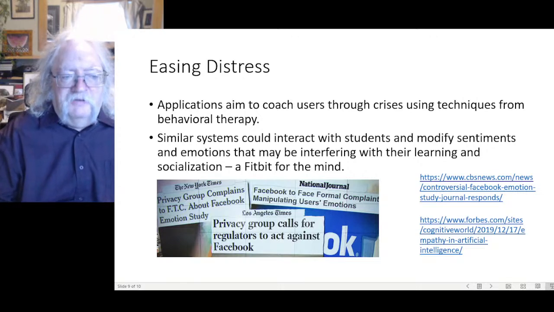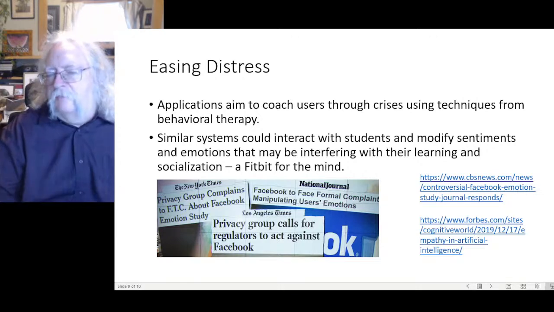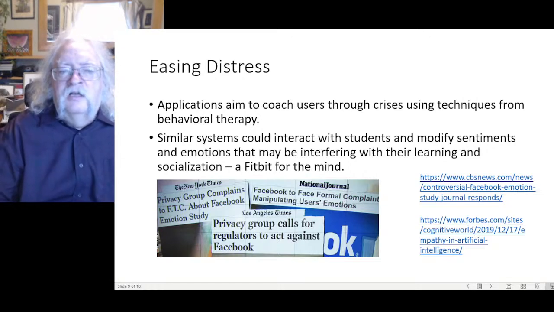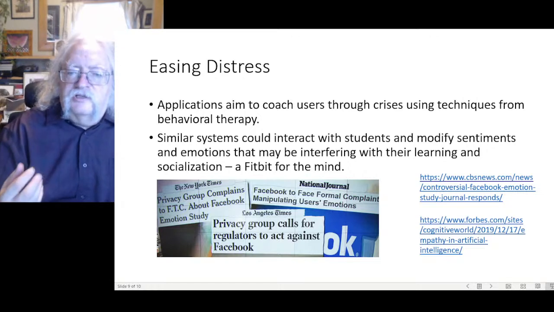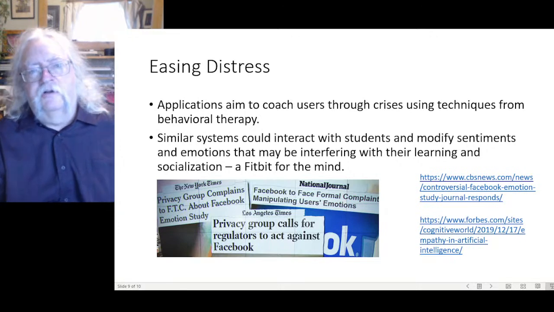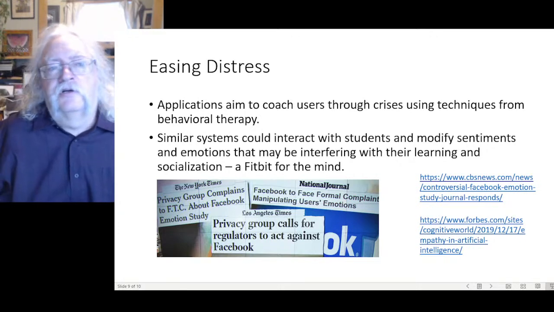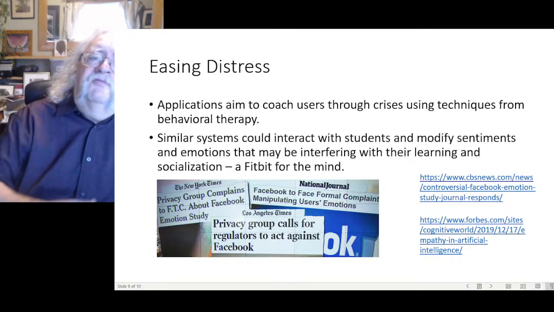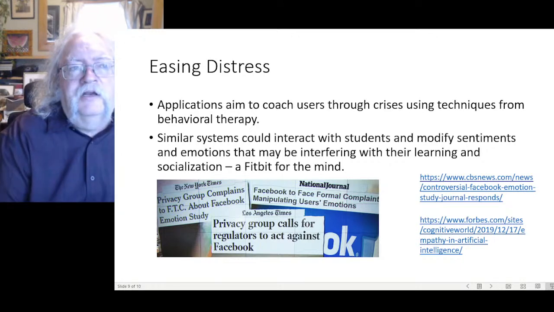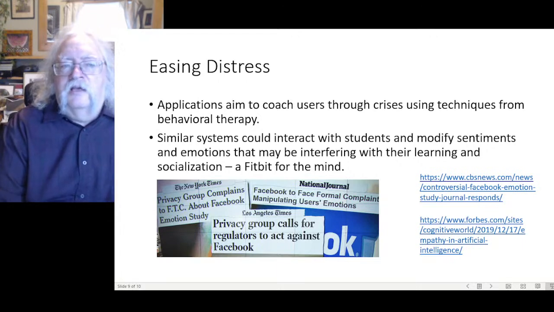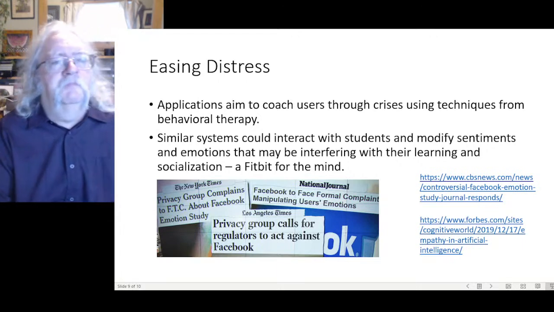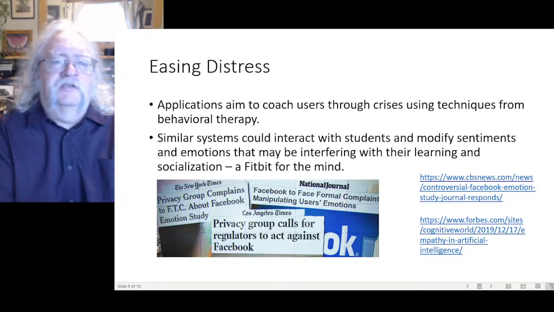And there have been privacy group complaints and papers published, etc., about Facebook experiments to use the social network and the way data is presented to manipulate users' emotions. So if the emotions can be manipulated, then this kind of system can be used in order to ease distress.